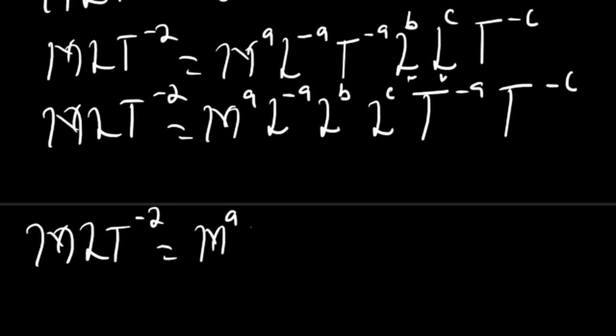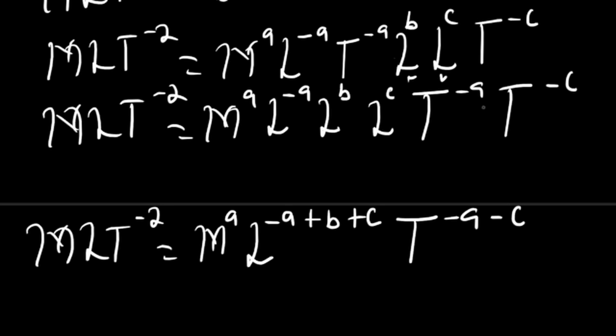But this now becomes L to the power of minus A, then plus B, and plus C. Okay, if the bases are the same, you have to add their powers. And then for the T, we have minus A minus C. We've added these ones together. Like I said, don't forget, if the bases are the same, you have to add their powers.